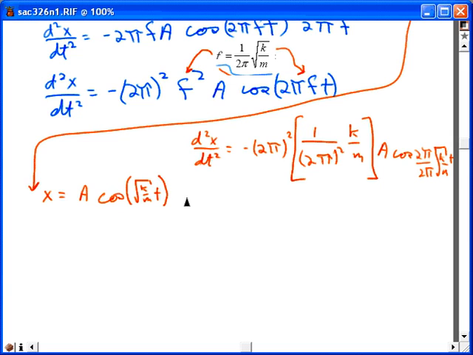Alright, so d squared x by dt squared is equal to, well, let's see, I get these 2 pi squared canceling out. The 2 pi cancels out there, and I'm left with minus k over m times a times the cosine. That was the cosine of all of this stuff.